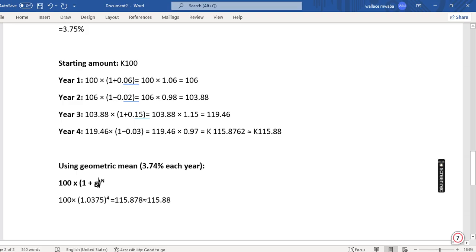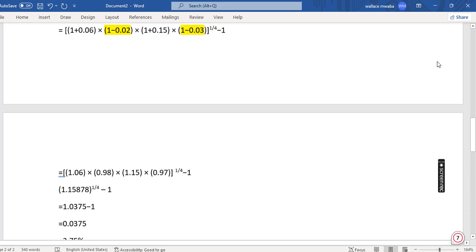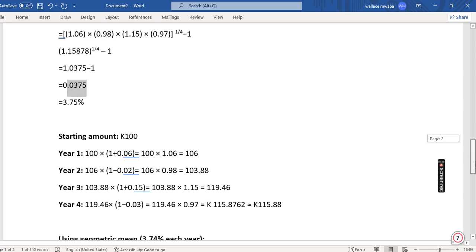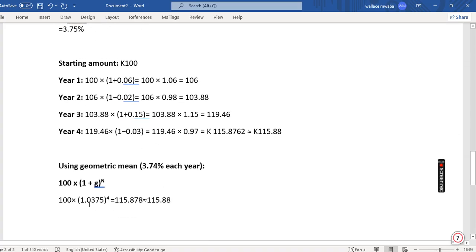Our growth rate is 0.0375. You add it plus 1, which is 1.0375, to the power 4, since it's 4 years.